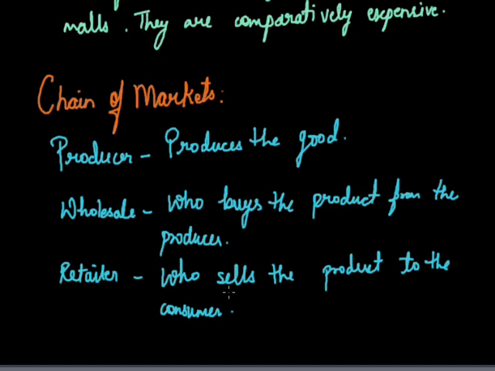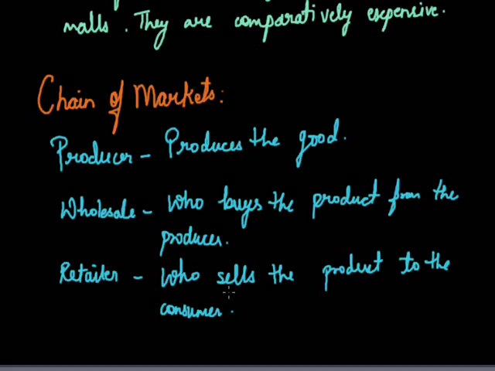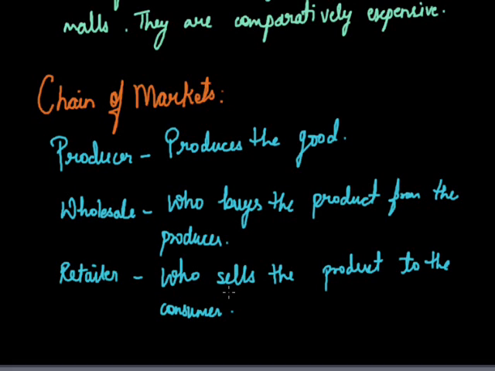You can place your orders for a variety of things through phone and these days through the internet, and the goods that the particular company sells will be sent to your house by the company itself. So this is the introductory part of our chapter.